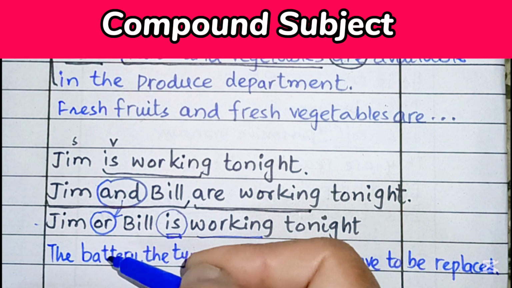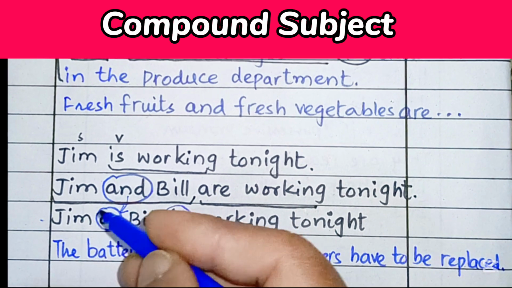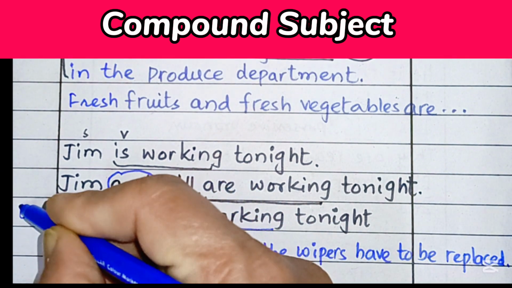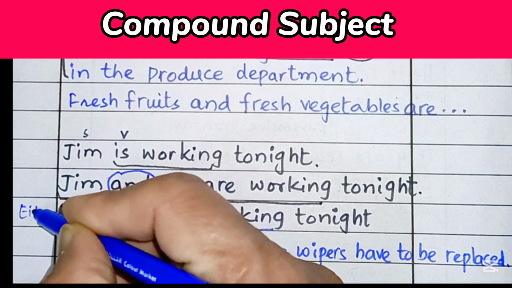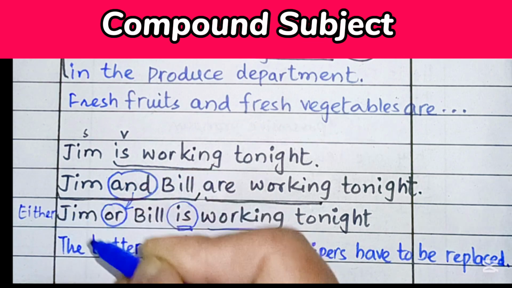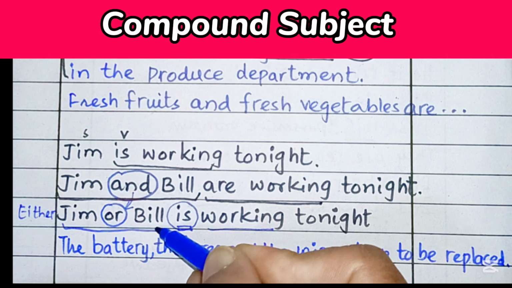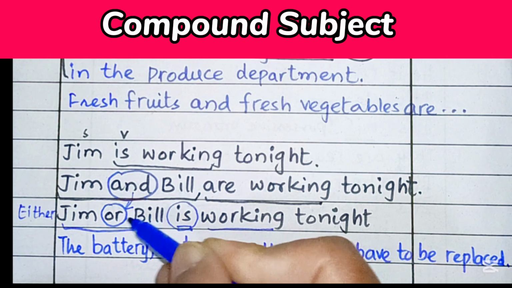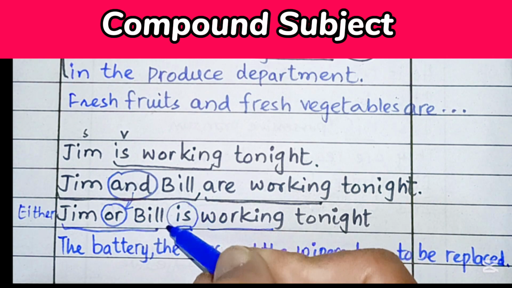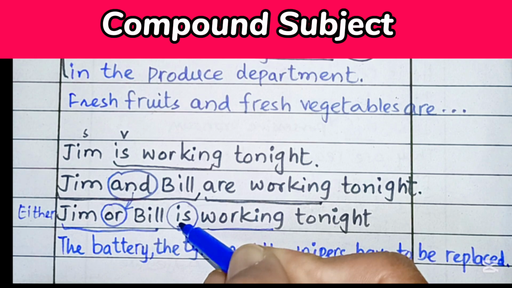It would sound better to add the word either before the compound subject over here. So Jim or Bill, this is a compound subject, but we are taking one person at a time, so we have a matching verb that is.